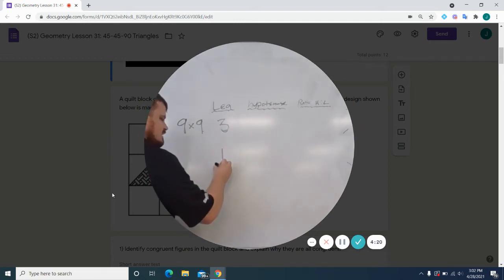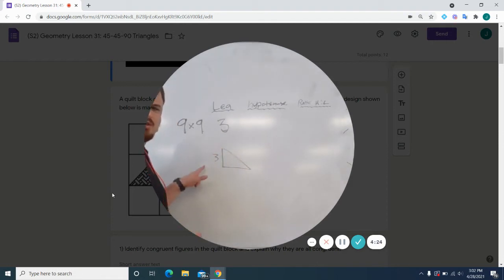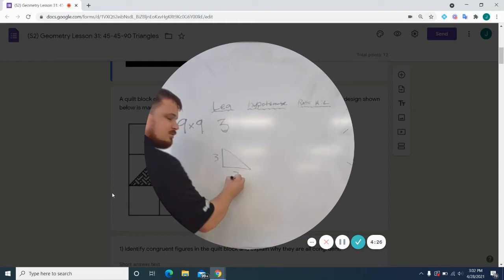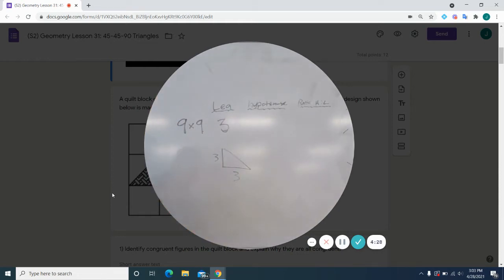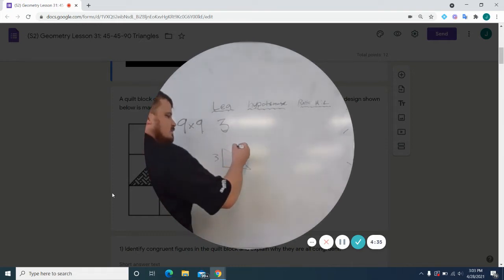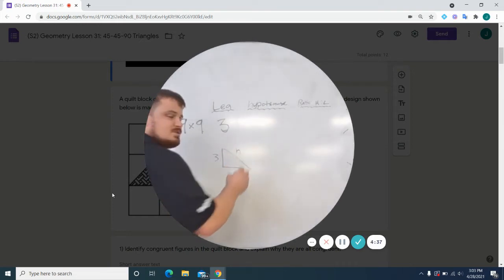Well, if the leg is 3, and since they have two identical sides, the other leg would be 3, you'd have to use Pythagorean theorem. So what you're going to do is 3 squared plus 3 squared equals the missing side. We'll just call it h for hypotenuse.